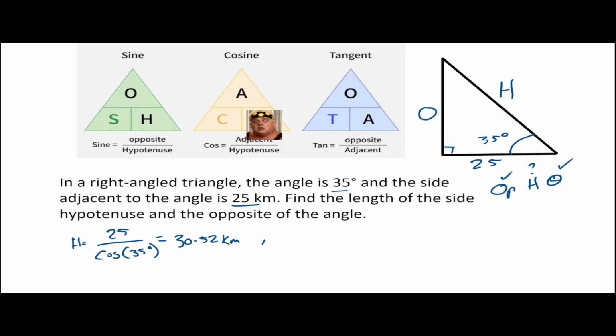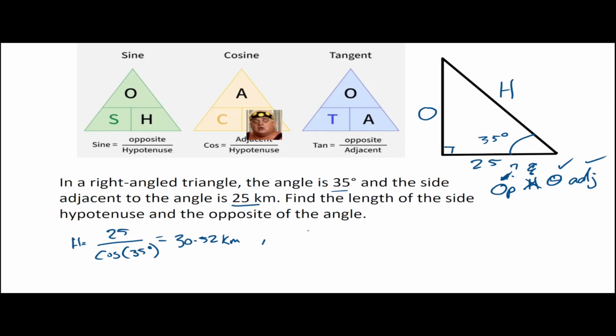So we're looking for the opposite side, and we've got the adjacent side. Always go with the one you've got, and also because it's a nice round number. So which of these has opposite and adjacent? Well, it's going to be tangent in this case.